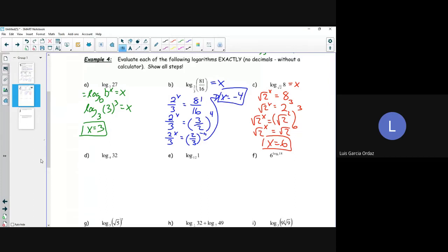So how's everyone doing with the first 3 examples? Good, bad, kind of good?